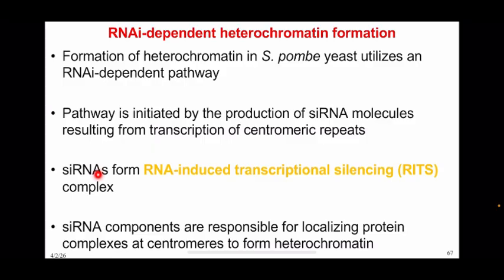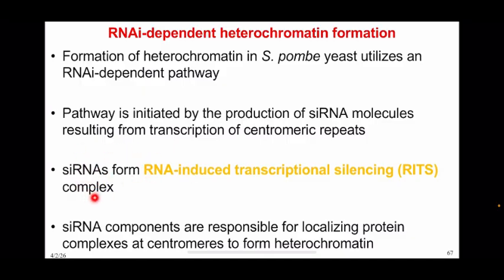So you have a long RNA, then you use Dicer to break it into fragments to form the siRNAs, right? Then we assemble a RITS complex, including the RITS protein itself, Ago proteins, which is Argonaute, and the siRNA to form a complex.